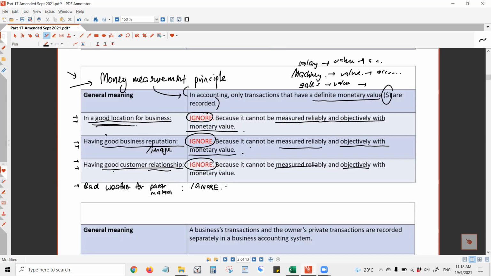Then you would know how to apply what you are going through with me to those questions. Okay, no worries, it's very easy. Now, that's money measurement principle. Only things that you can measure with money, then only you put into your accounting. Those that you cannot measure, like those here, then you don't put into accounting. Very simple.